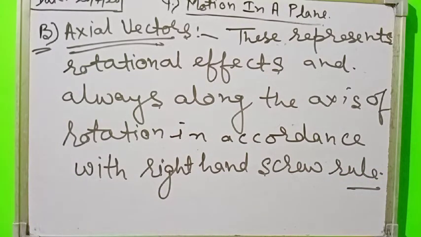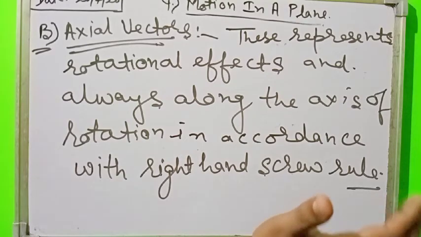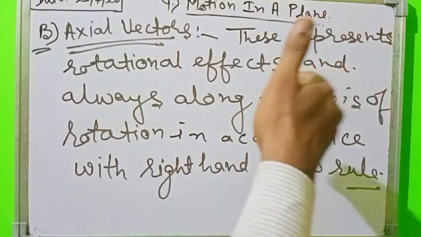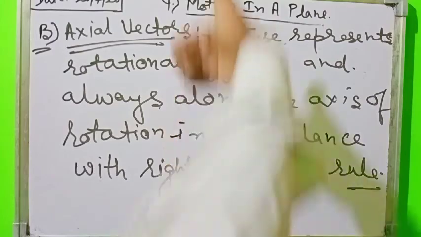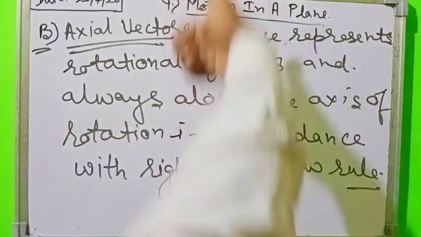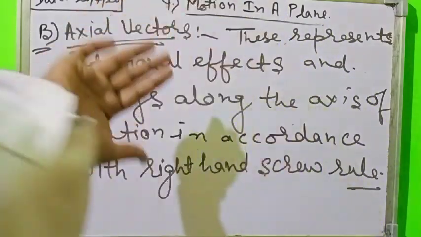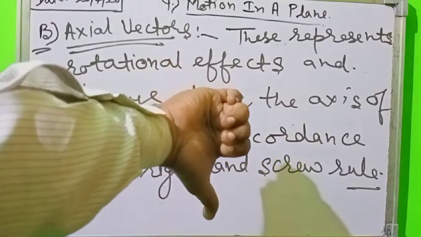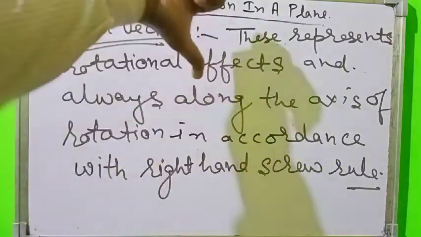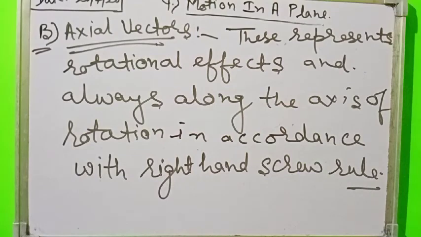On the basis of right hand screw rule, this is your right hand, and if this is the axis of rotation, then direction of vector is along the direction of thumb, and if the axis of rotation is along this direction, then the direction of vector is in the downward direction.